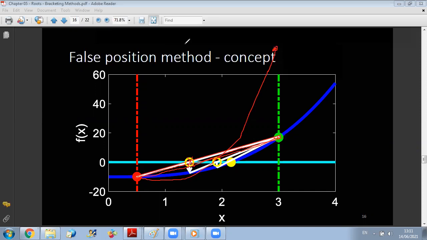If you join the 2 points like this, you have a large difference between the line and your function. While in the example we have considered here, the behavior of your function is not very far from linear. This is why it is good here to use the false position method. In just 3 iterations, you can get your solution, while maybe in the bisection method, you will need more iterations.